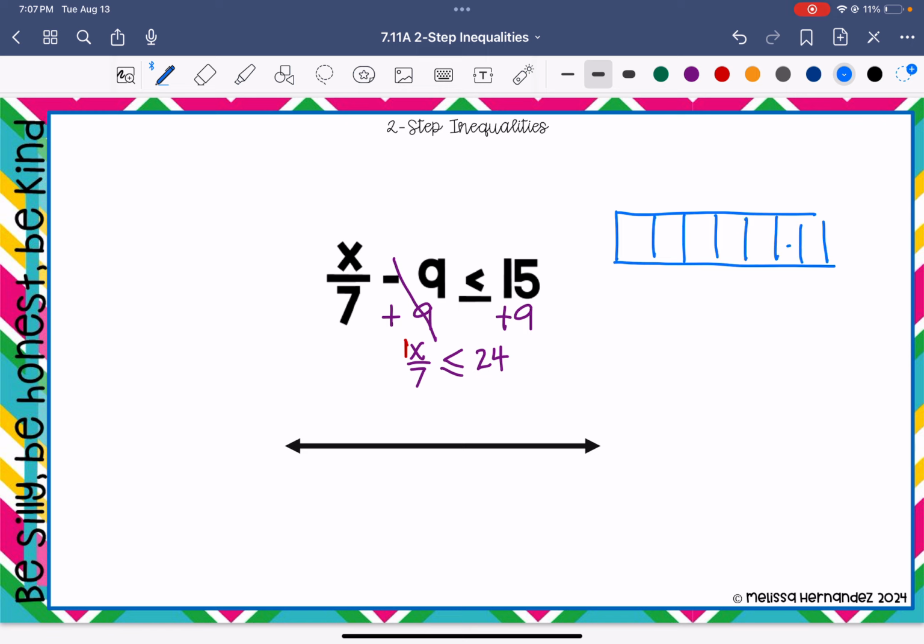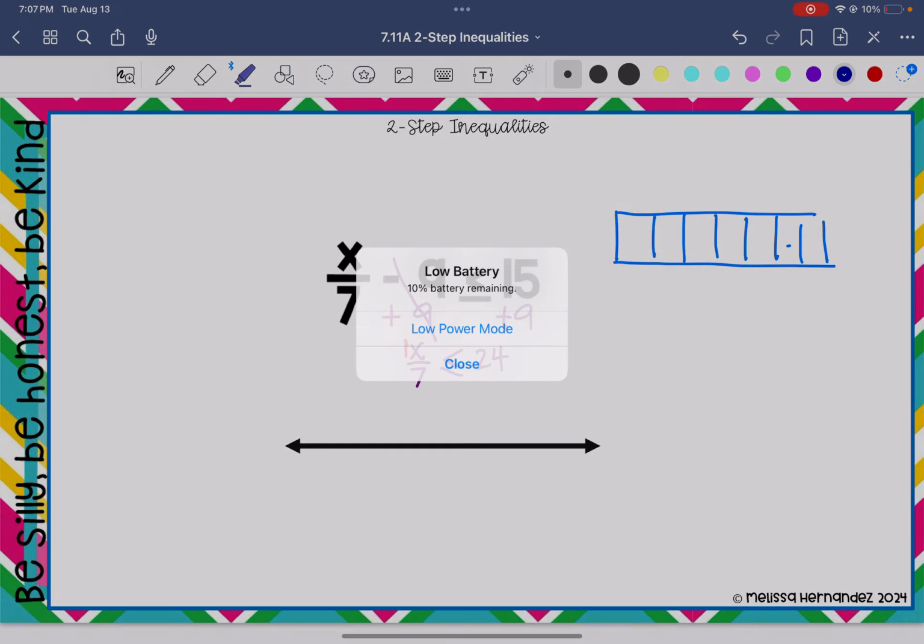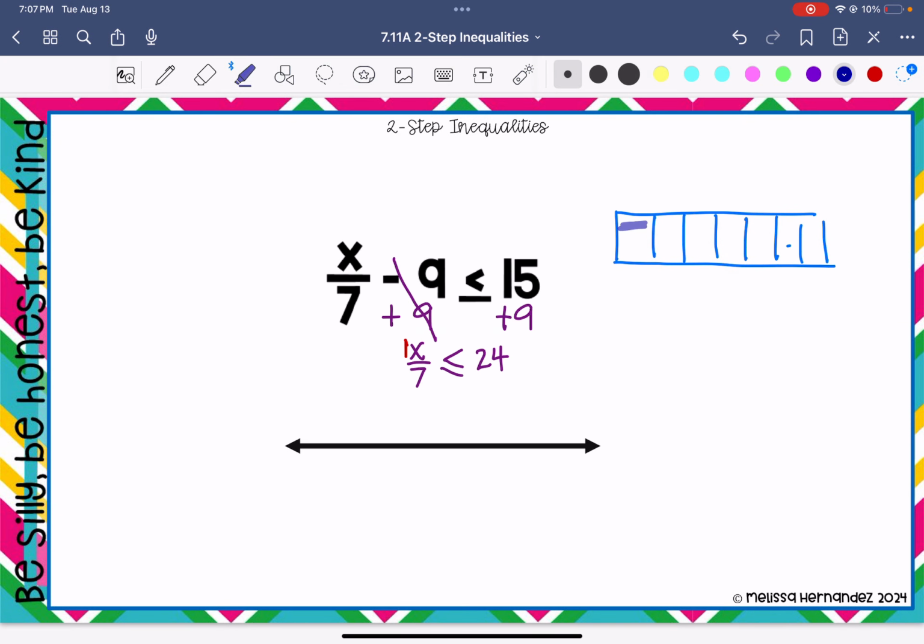All right, so we would shade in 1. And so 1 out of 7 is 24. However, because of what you know about a fraction bar, if the first one's 24, the second one's 24, and then we're just going to keep going. Each one is 24.